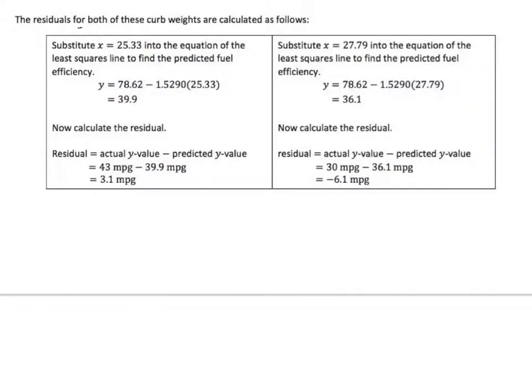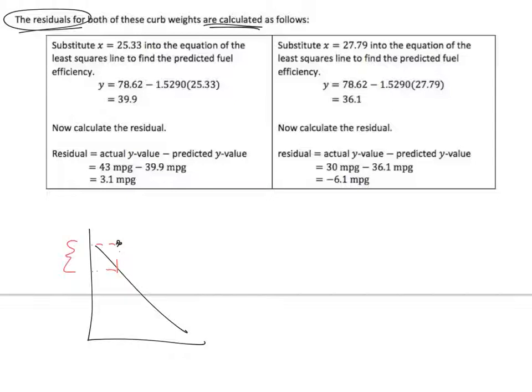Now we can confirm these residuals by doing the calculations. The 2 previous questions I did just by eyeballing it, where I would take the actual, count over and read where it hit the predicted. That's the residual.